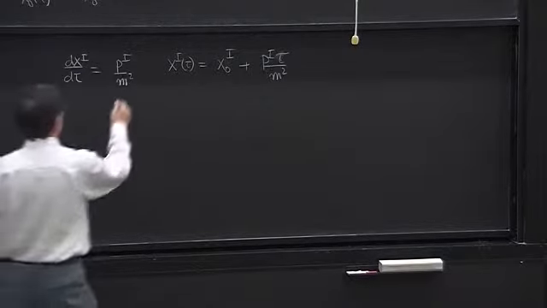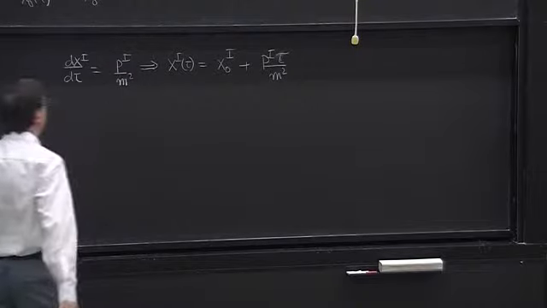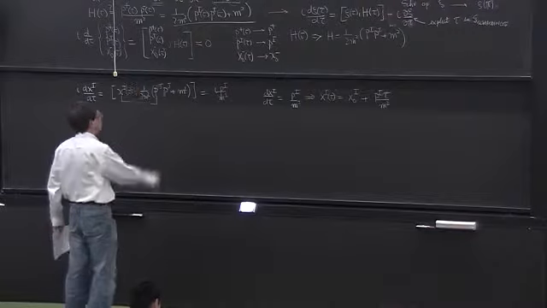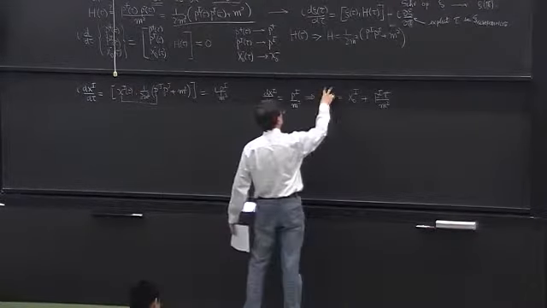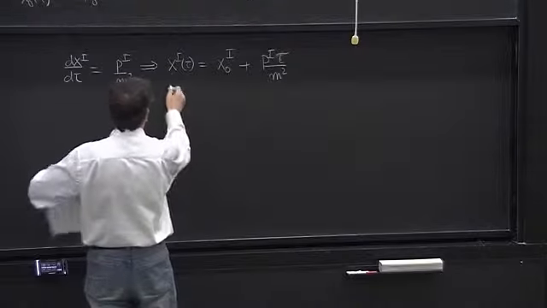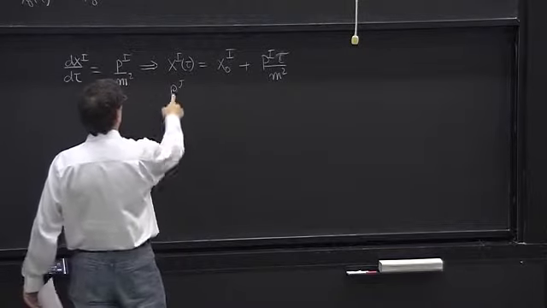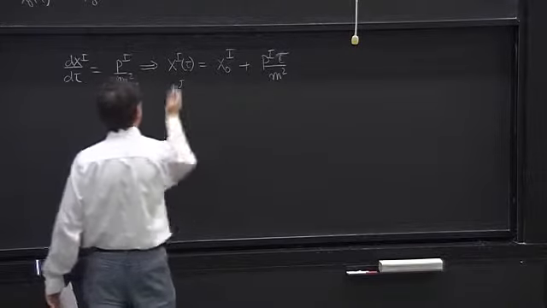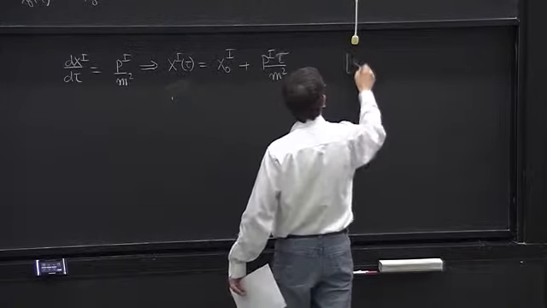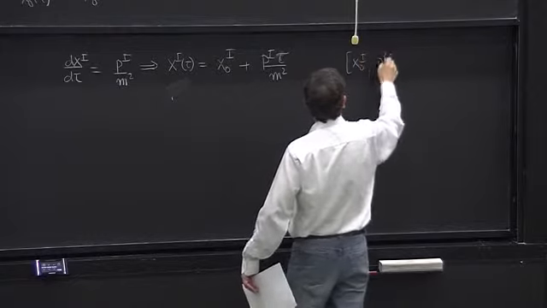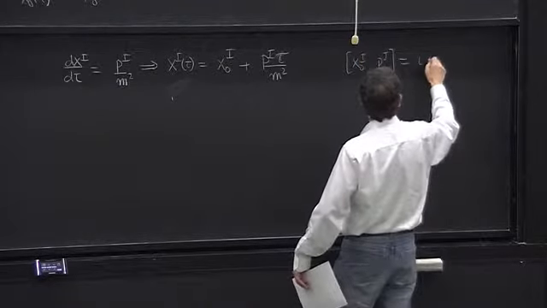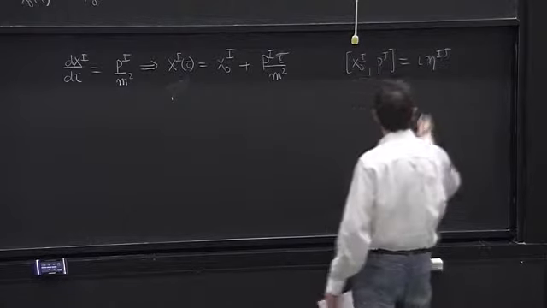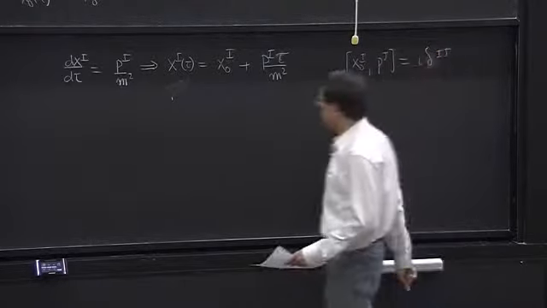It's a solution of this equation, and it's exactly what we had in the classical theory. And moreover, since this should have a non-trivial commutator with pj, this x0i has a non-trivial commutator with pj. So x0i pj is i eta ij, or delta ij, I wrote.